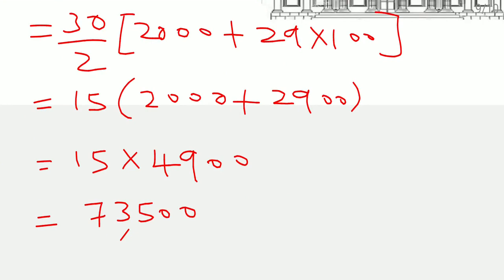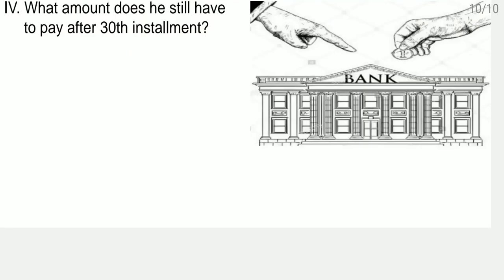Okay. Now, next one. What amount does he still have to pay after the 30th installment? Now here you try to understand the amount which is left, from the 30th to the 40th installment. So here I'll just write down S40 minus S30. Correct? So total installments are 40, and from that I will remove total installments till 30.